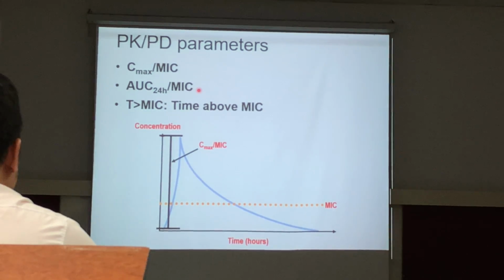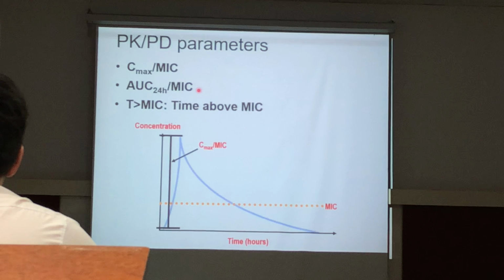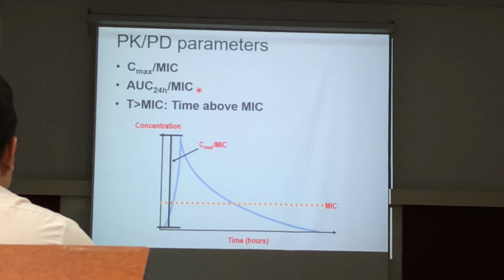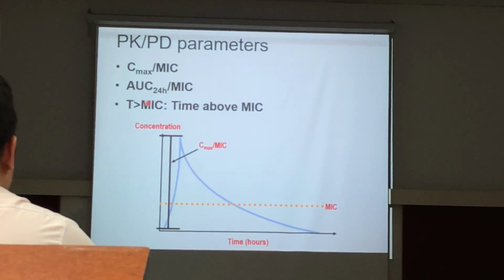Keep in mind that the MIC is always the same because it cannot change if you are dealing with the same bacteria. And then the time above the MIC is the third category.